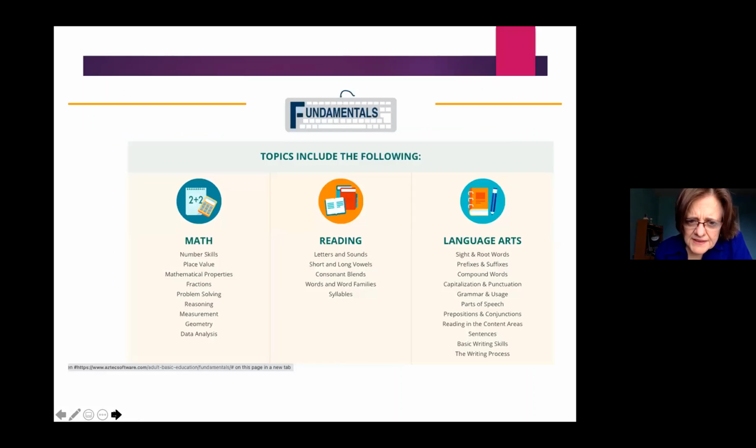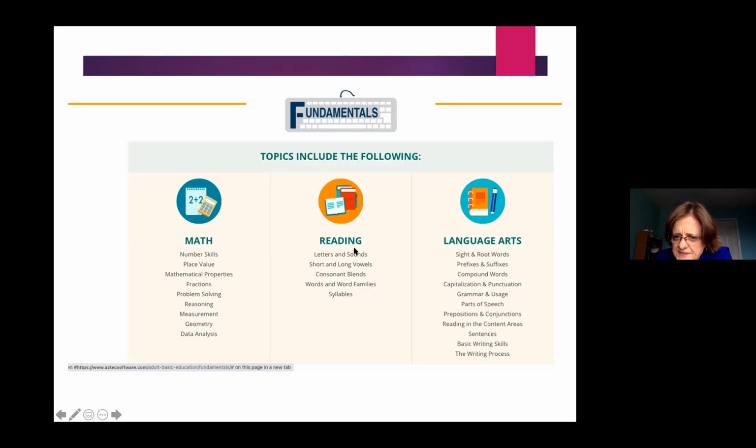Okay, what is in here? Fundamentals comes first. So there are number skills, place value, very basic things, reasoning, measurement, and geometry, which is not going to be above the 2nd grade level. And if you're working with literacy or learning the English language, you've got letters and sounds, a lot of phonics. So this is really reading.